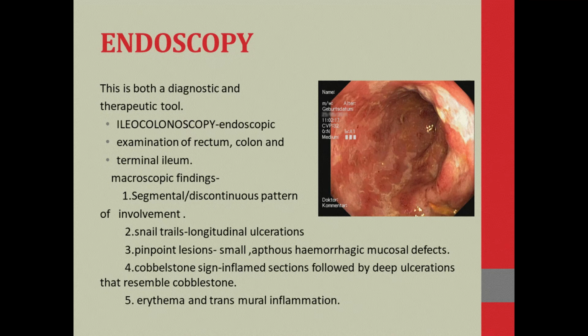The macroscopic findings on ileocolonoscopy are a segmental, discontinuous pattern of involvement, snail trails, longitudinal ulceration, which can be seen in this picture, pinpoint lesions, small aphthous hemorrhagic mucosal defects, and the cobblestone sign: inflamed sections followed by deep ulcerations that resemble cobblestone, erythema, and transmural inflammation.